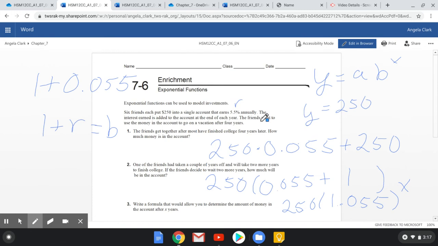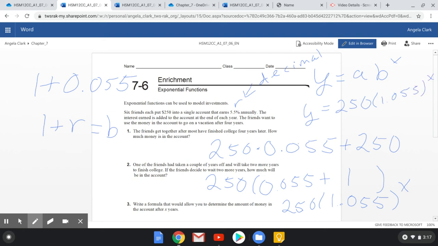Anytime I have something that's increasing by a percent, 1 plus whatever that percentage is as a decimal. Always remember to write it as a decimal. R is a decimal. So this is going to be 1.055 to the x.